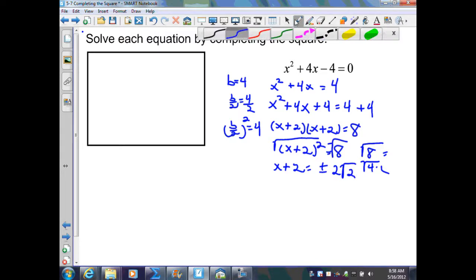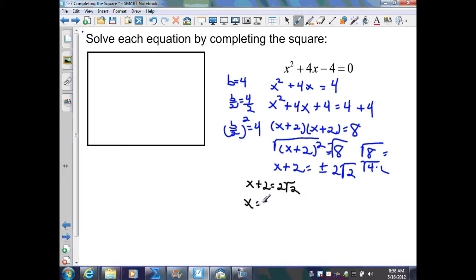Now I have two equations to solve. X plus 2 equals a positive 2 square roots of 2. Subtract 2 on both sides. X equals a negative 2 plus 2 square roots of 2. And the other equation is x plus 2 equals a negative 2 square roots of 2.